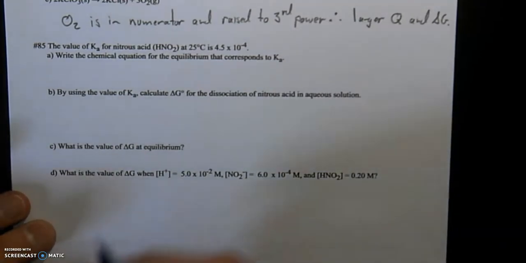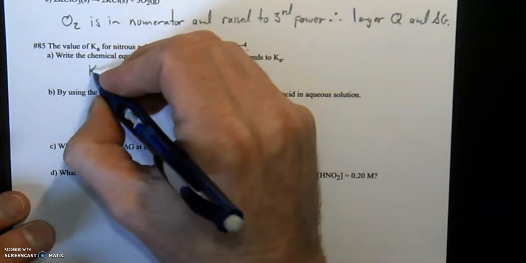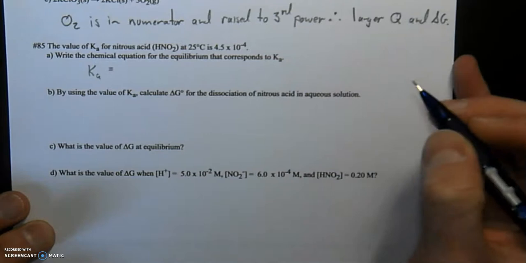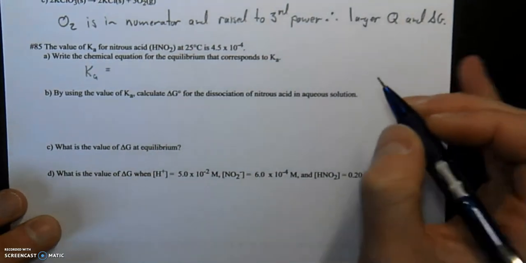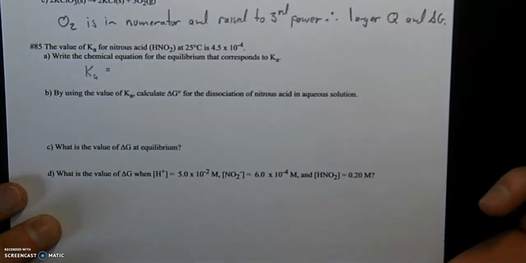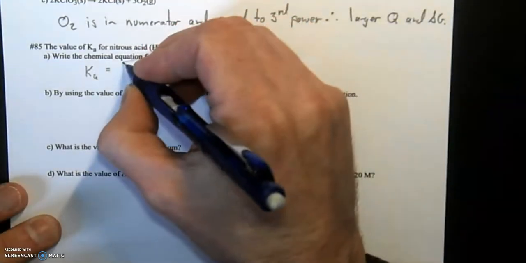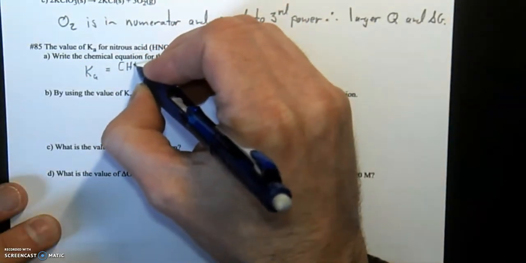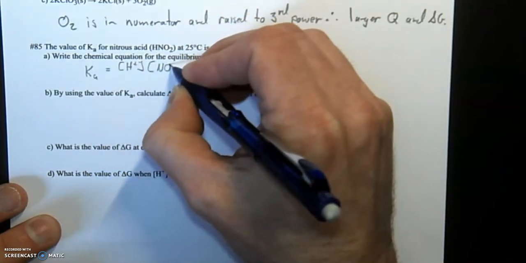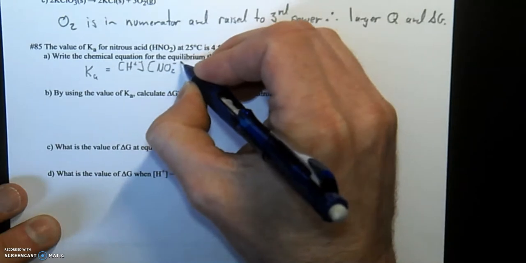Well, that's pretty easy. Hopefully the rest of the problem is just as easy. Looking at the equation, I'm not even going to bother writing it down. Sort of that whole HA turns into A and H plus, but we know exactly who these guys are, so we'll go ahead and just write it. H plus, it's nitrous acid, it tells us that up above, minus.